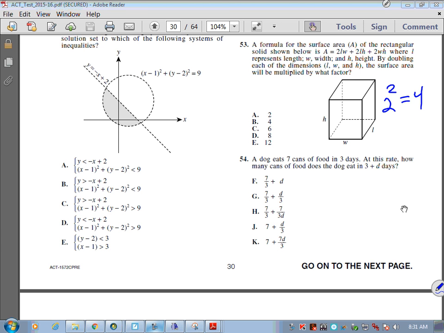So if I double the dimensions, the area is the scale factor squared. Because the scale factor was 2, I just square that number. If they'd said I'm going to triple each of the dimensions, then my area is going to increase by a factor of 9. You see what I'm saying?